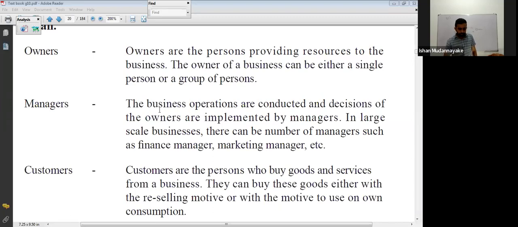Managers. Business operations are conducted and decisions of the owners are implemented by managers.